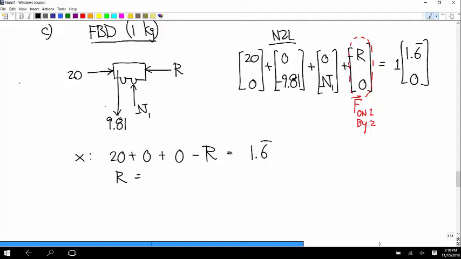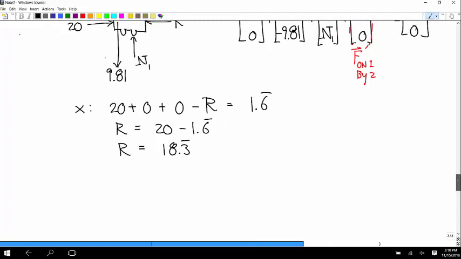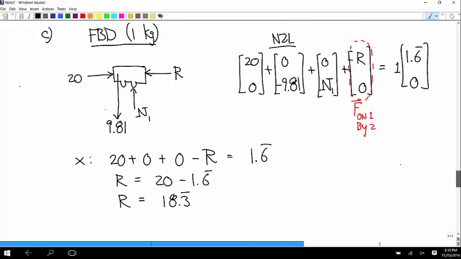So R is equal to 20 minus 1.6 repeating, so R is equal to 18.3 repeating. So the variable R is positive, but now we have to substitute that into the vector.